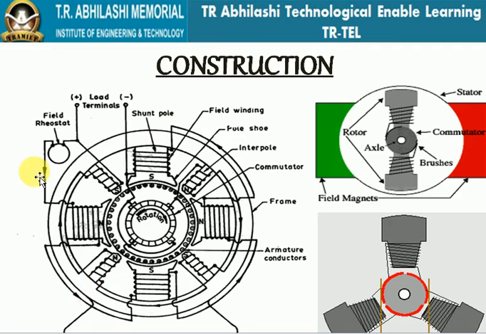The windings are connected in such a way that there is a production of alternate poles. For example, if this is a north pole, the winding of this should be done in such a way that it produces a south pole, because due to magnetism this rotor rotates.